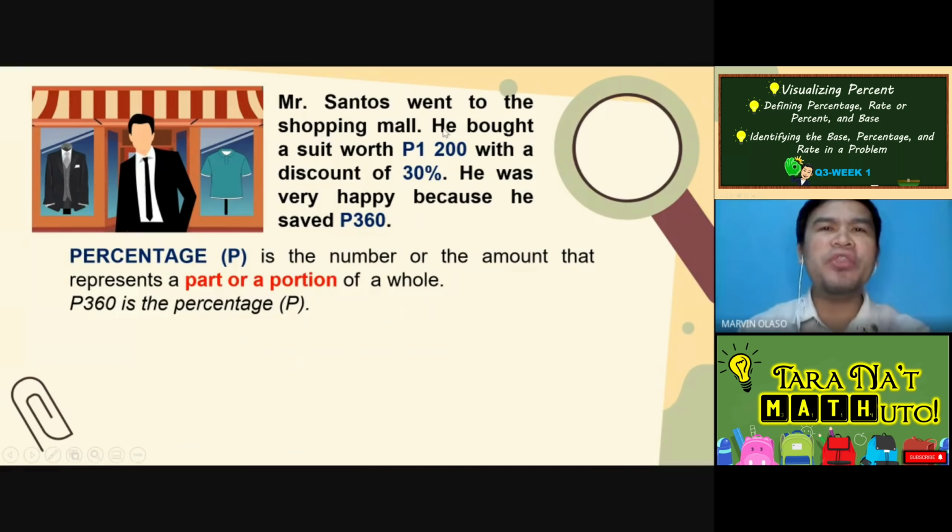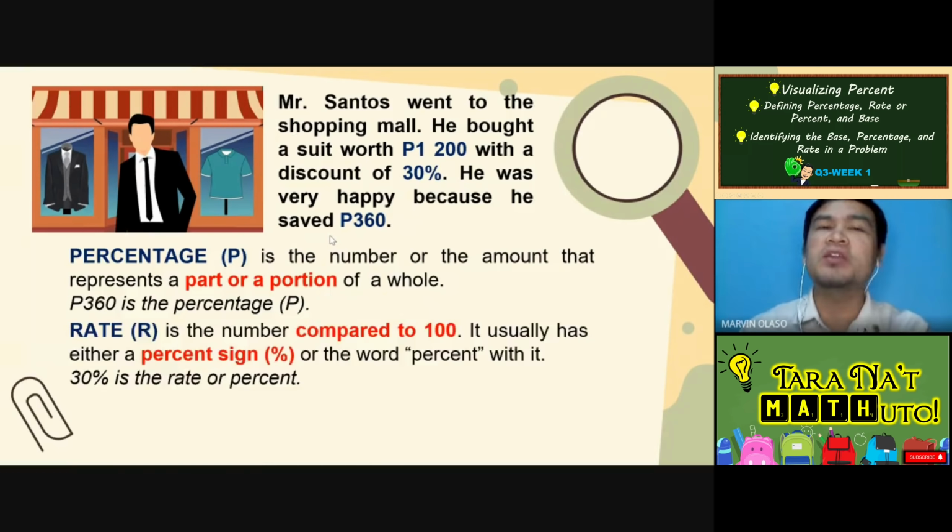So among the three given numbers, alin dyan ang nagre-represent ng bahagi lamang ng kabuuan? Yes, we now have 360 pesos as the percentage. Okay? Now, let's do the second concept or second term.